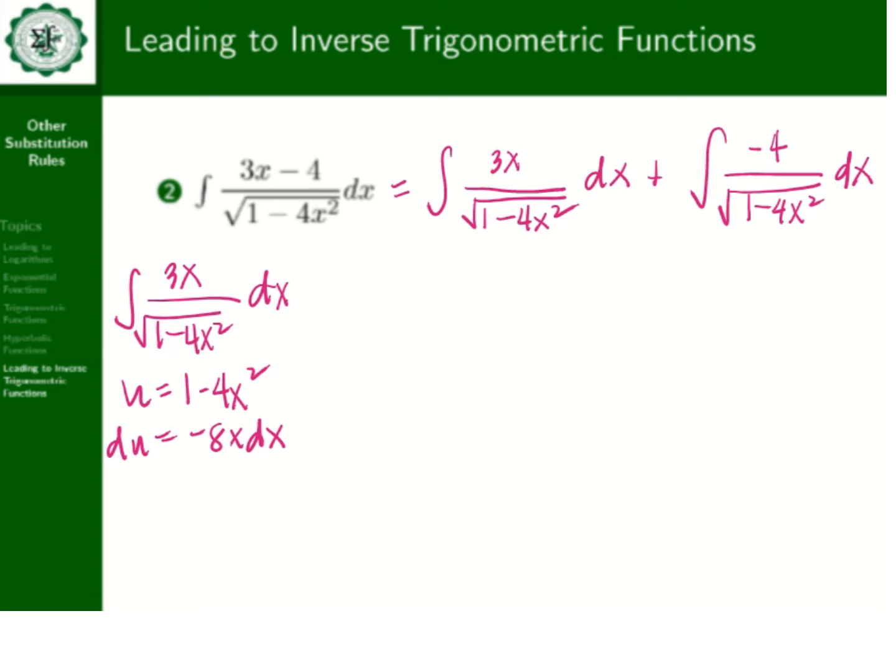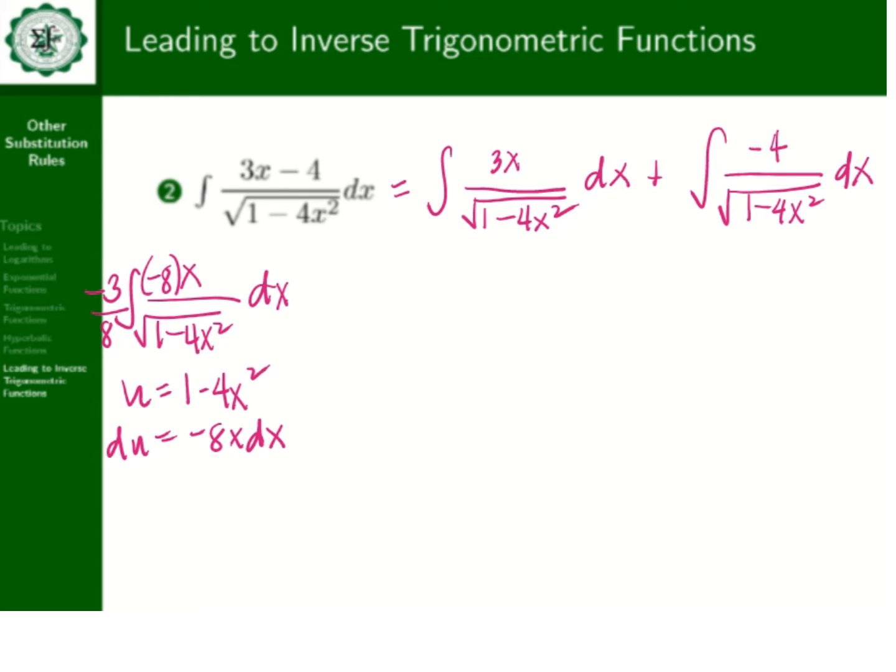But in our given, we have 3x dx. Therefore, we're going to factor out 3, multiply our numerator by negative 8, and put the correction factor of negative 1/8 outside of the integration sign. So the coefficient will become negative 3 times 1 over 8, or negative 3 over 8.